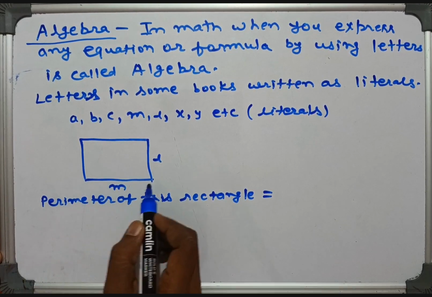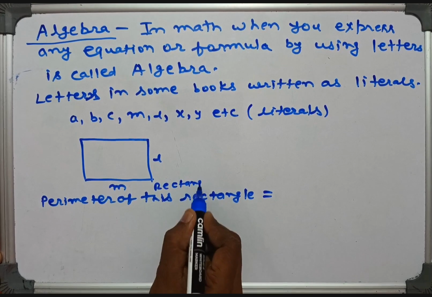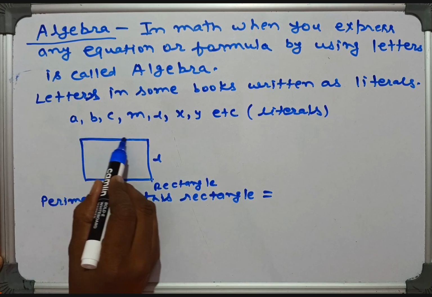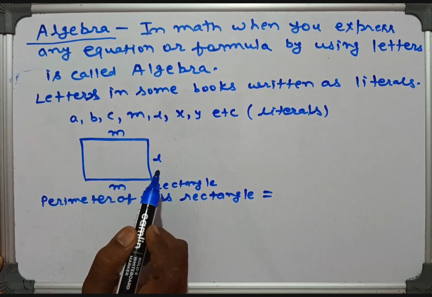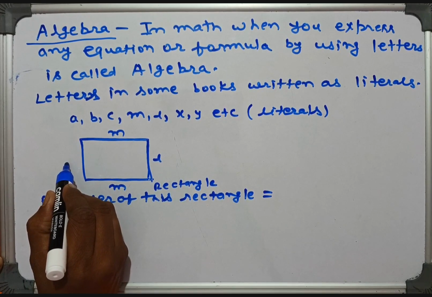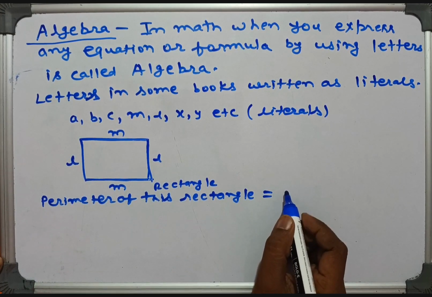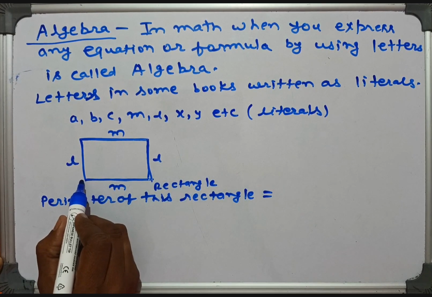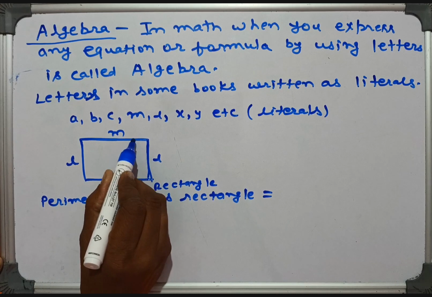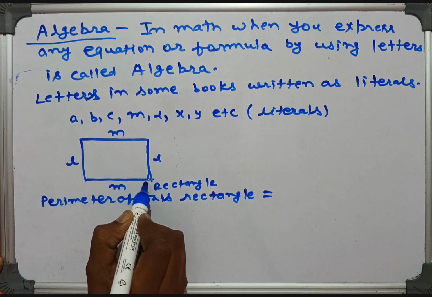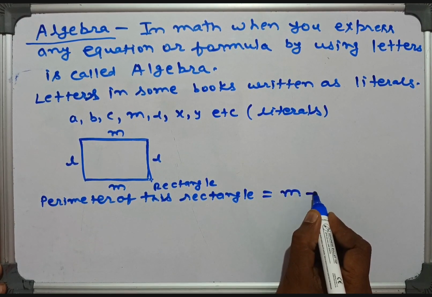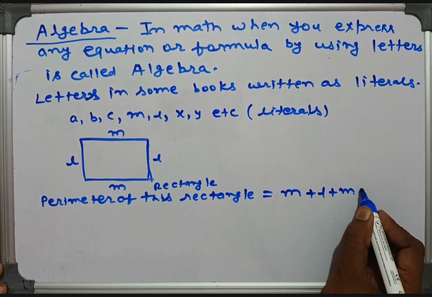You know guys, this length and this length must be the same in case of a rectangle, and this length and this length must be the same. So the perimeter is the outer boundary length, so the outer boundary length is M plus L plus M plus L.